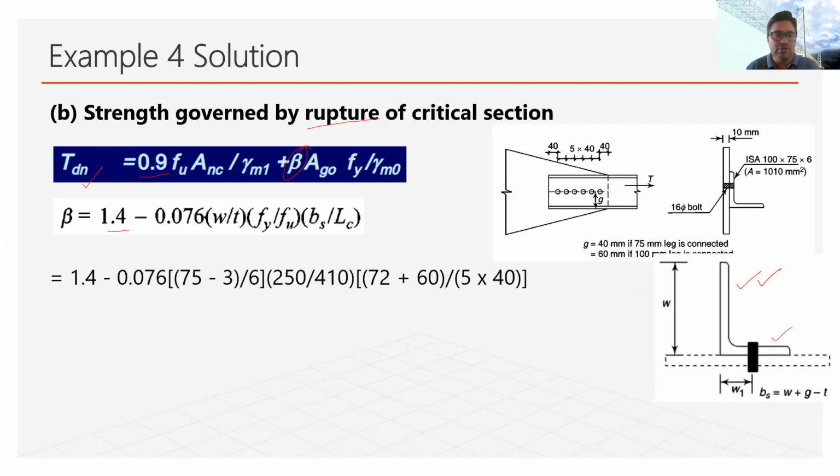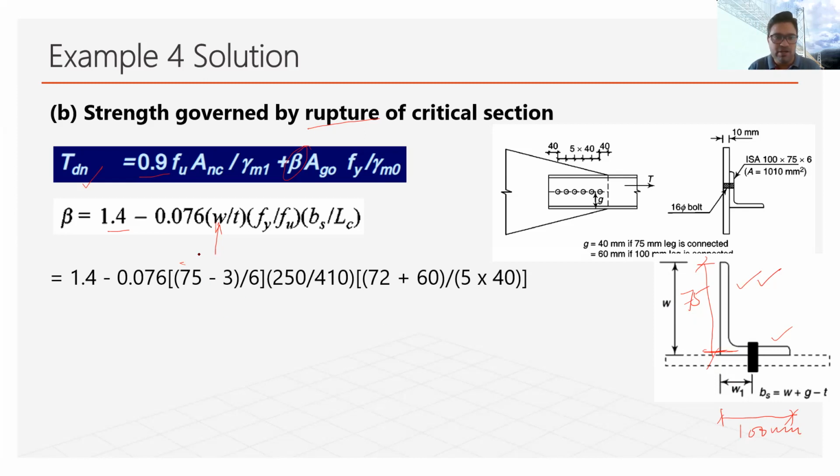After putting in all the values, how do we find W? You can see this value is 75 and this value is 100. In our case, the connected leg has a length of 100 mm and the unconnected leg has a length of 75. We count the W value from the center of the leg, so this will be 75 minus half of the thickness of the angle.